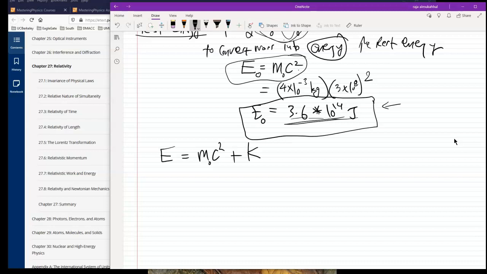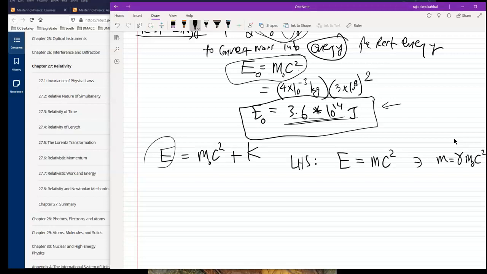I'm talking only about the left-hand side, LHS. This E is basically mc squared, such that this m is the relativistic mass, so gamma m naught c squared.